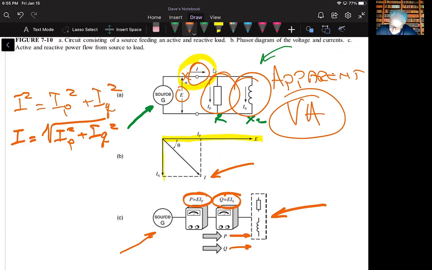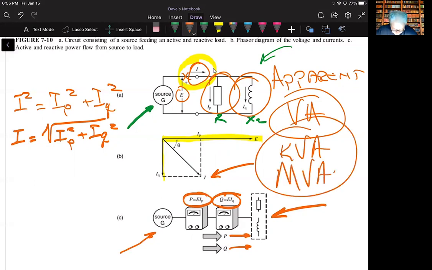Again, it is the vector sum of these two powers. We see kVA in power applications, or maybe megavolt amps. And again, it's the vector sum of the active power and the reactive power. Now, we're going to get into the weeds with that a little bit in the next couple of sections.